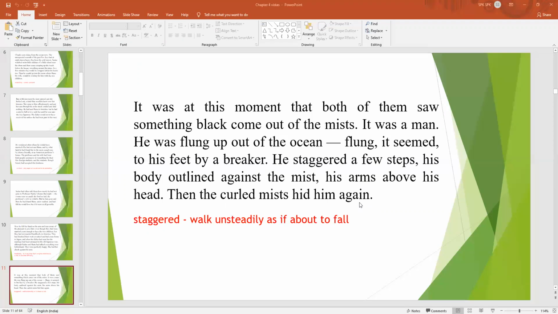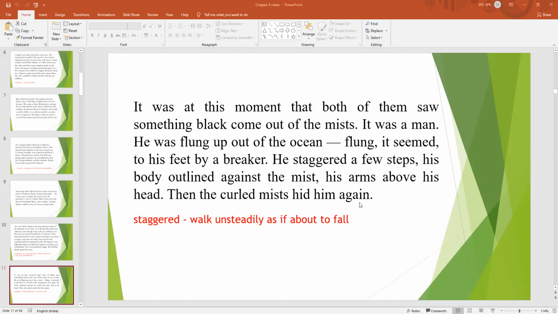It shows that here only the writer has made clear that he was coming out like a prisoner. So at this line we came to know that he was a prisoner who is coming from there, because his arms are above his head. And the mist hit him again.